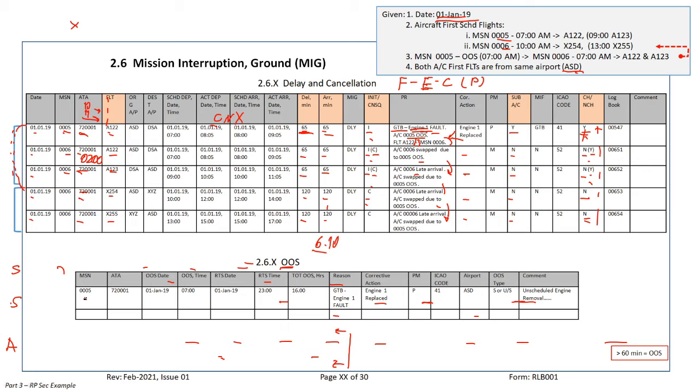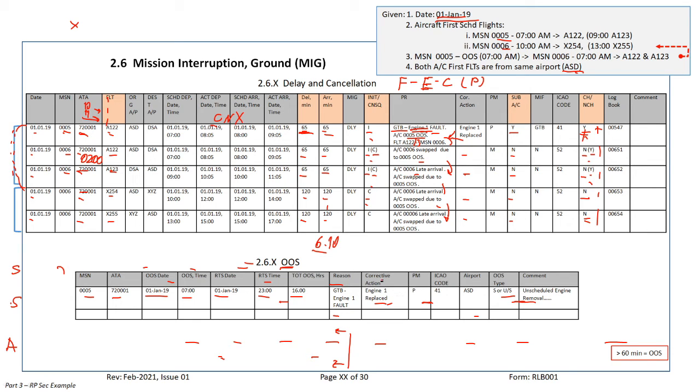So we have MSN 05-8872, auto service date January 1st, 2019, auto service time 7 o'clock, return to service date January 1st, 2019, return to service time 2300, total auto service, just simple math, 1600. The reason is engine failure, corrective action engine replaced, auto service type definitely unscheduled. Some comments here: unscheduled engine removals.